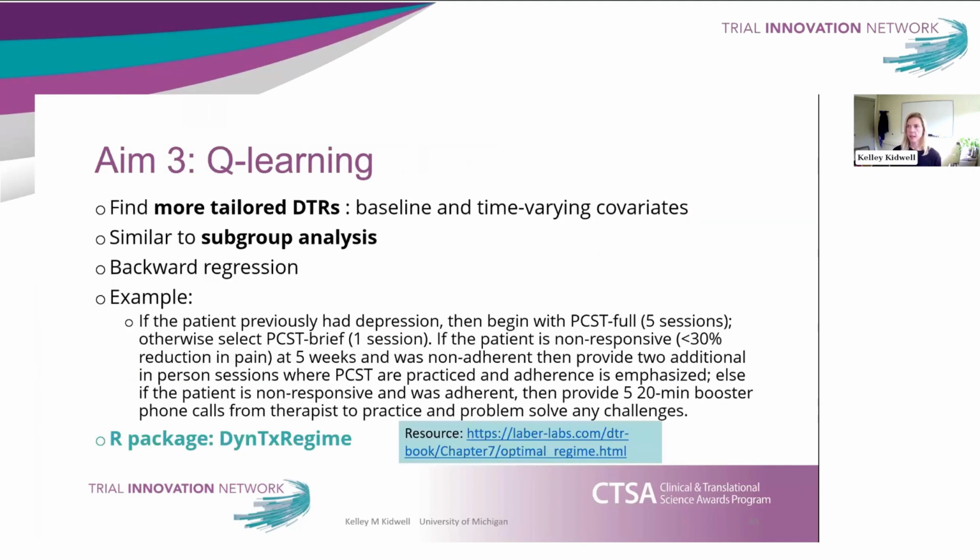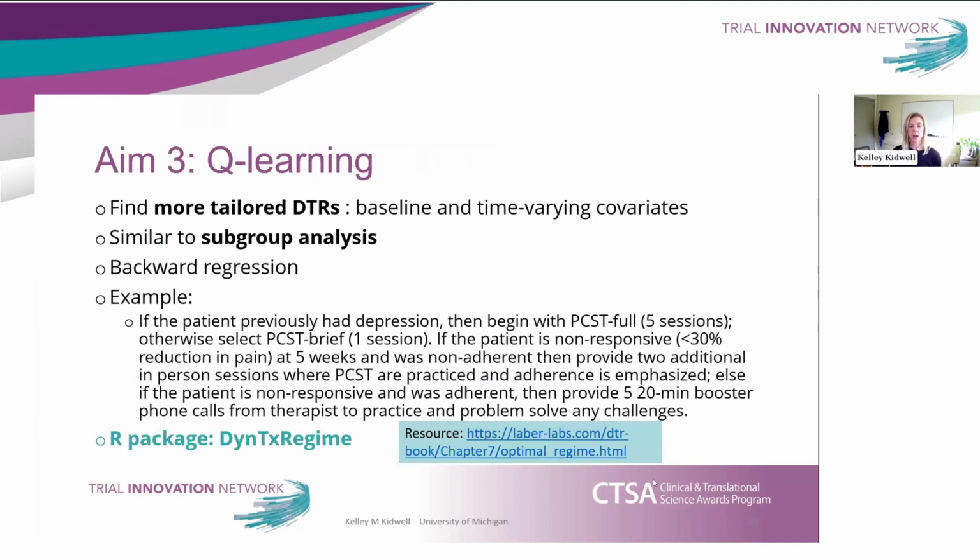And for these types of analyses, usually what's used is what we call Q-learning, although there are a host of different options here. This is essentially just a form of backward regression to account for the fact that we have sequential treatment. I won't go into the details, but I will say that an R package exists to do Q-learning. It's called DynTxRegime.